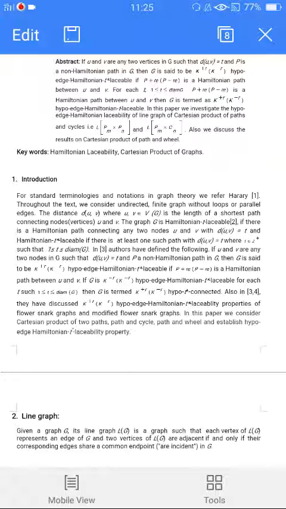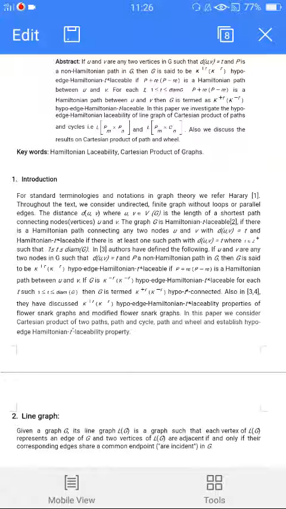A few results and definitions have been discussed. If u and v are any two nodes in G such that d of uv is equal to t and P is a non-Hamiltonian path in G, then G is said to be k plus r or k minus r hypoedge Hamiltonian t-star laceable if P plus Re or P minus Re is a Hamiltonian path between u and v.